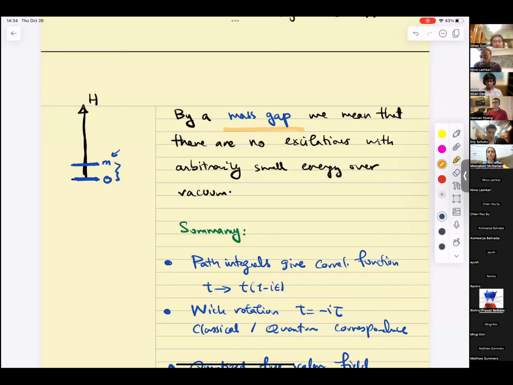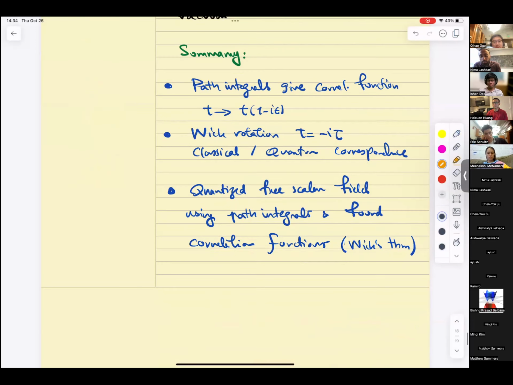But anyway, in summary, path integrals give correlation functions. We argued for that using this trick. We said that Wick rotation connects classical physics, finite temperature physics, to quantum physics, exchanging thermal fluctuations for quantum fluctuations.